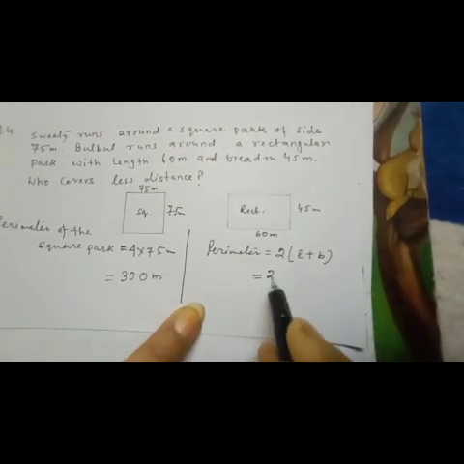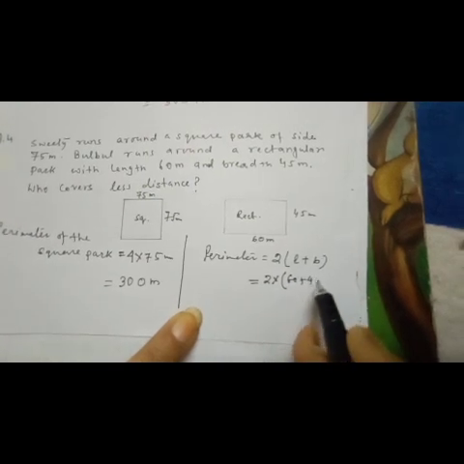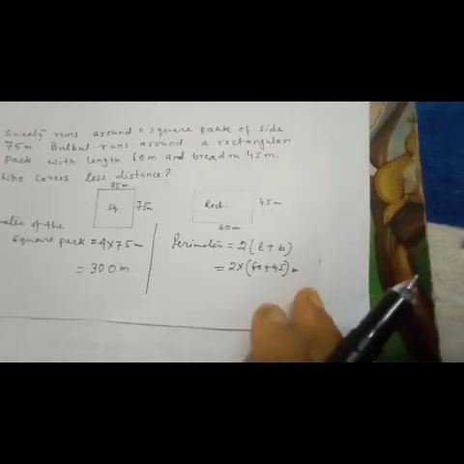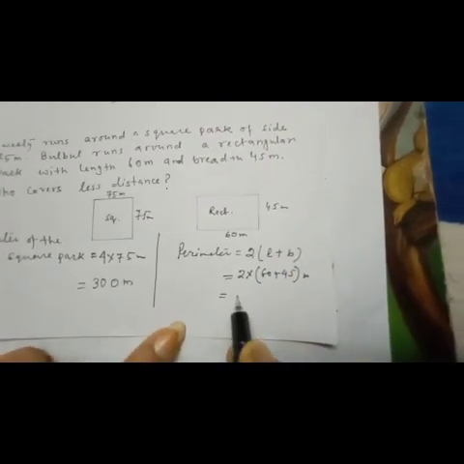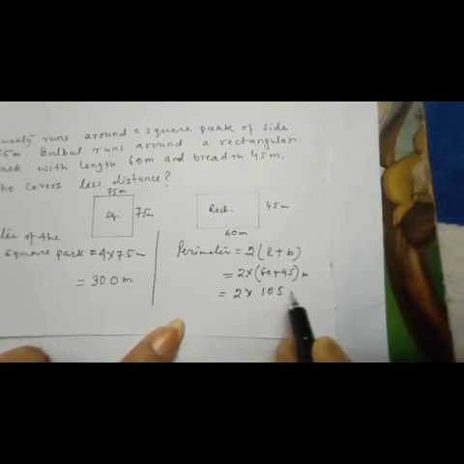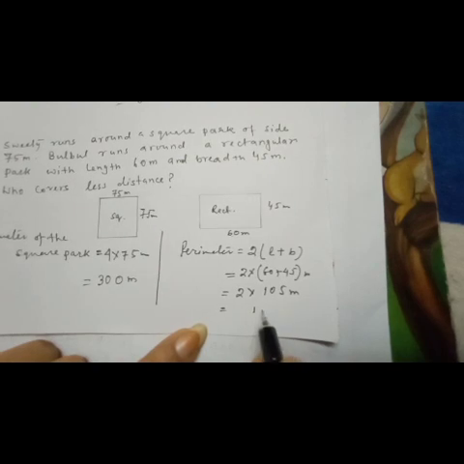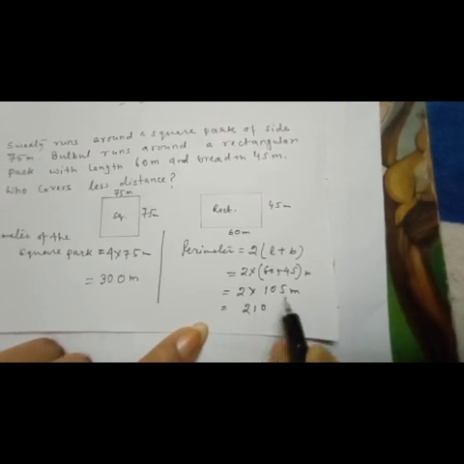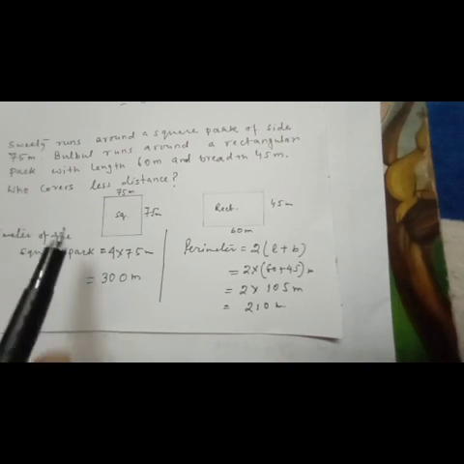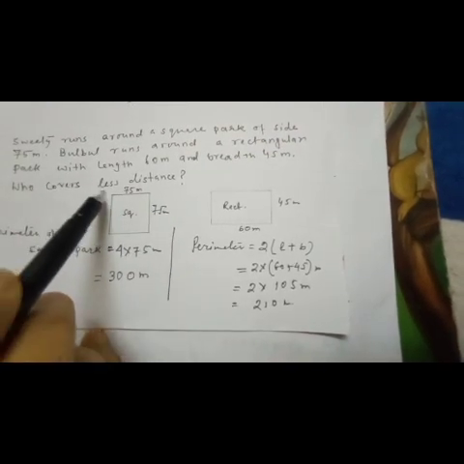So 2 into 60 plus 45 meter, equal to 2 into 105 meter, equal to 210 meter.